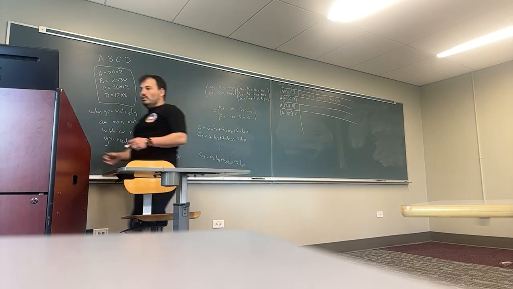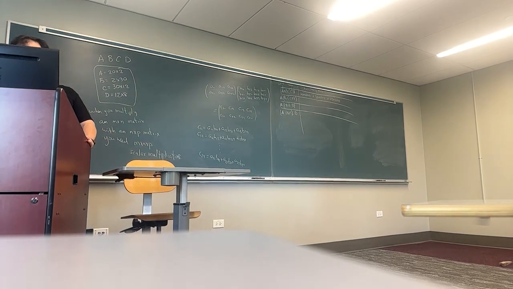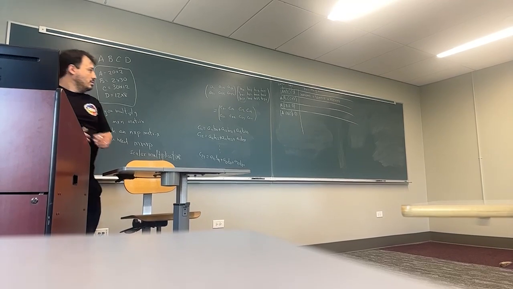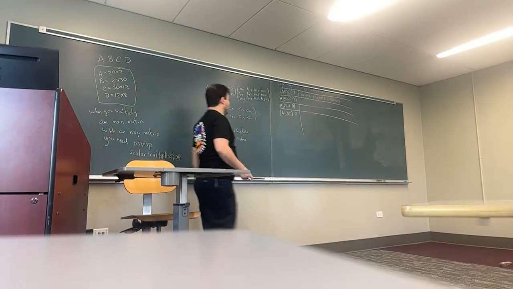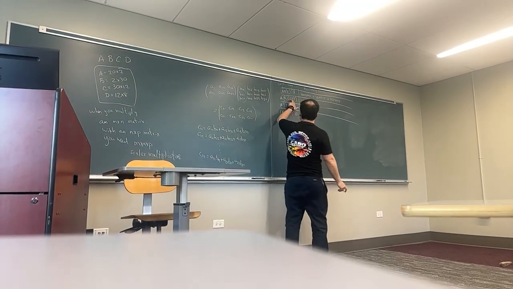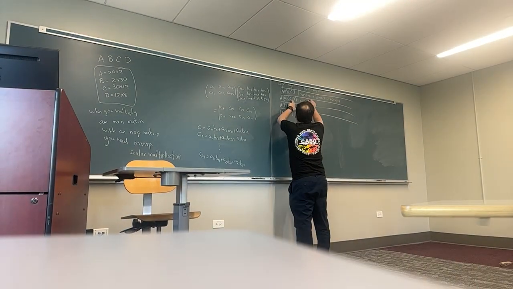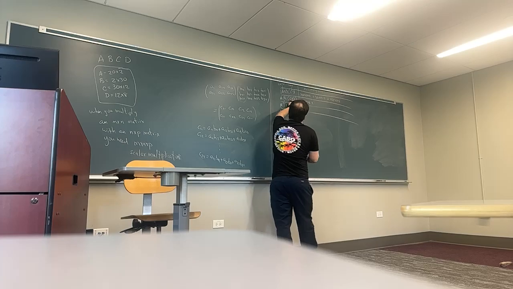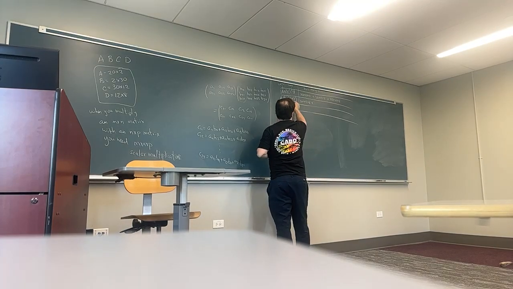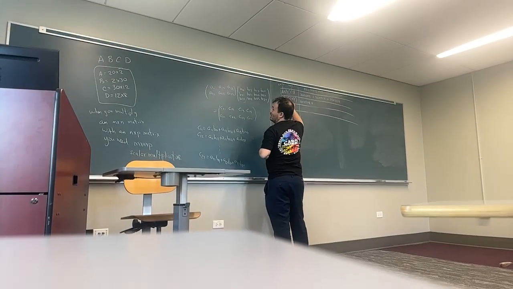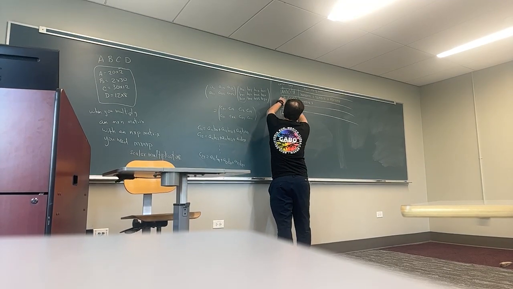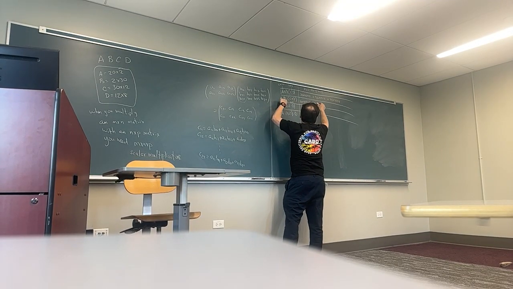Let's see, what do we get? Well, that thing, let's now do this one. So C times D, 30 times 12 times 8. Now C times D is a 30 by 8. B is a 2 by 30. So the product of these two would be 2 times 30 times 8.